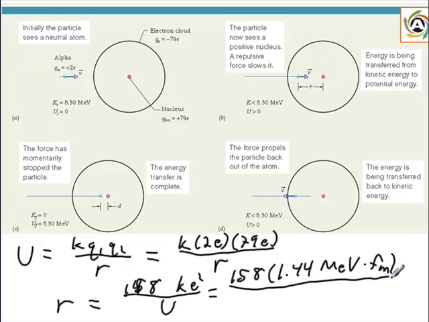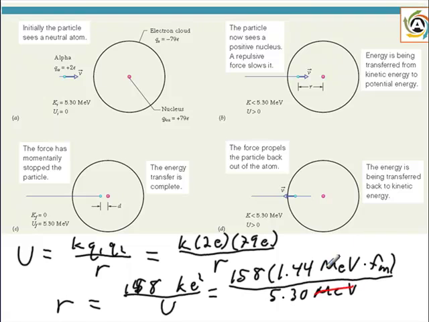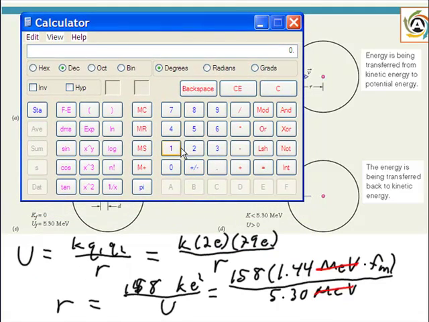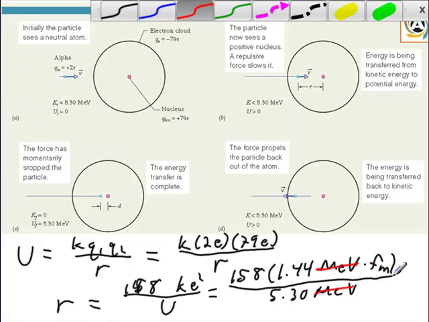I can then divide that by the energy we've got, 5.30 MeV, and you will notice the units cancel, and I'm going to get Fermis out. Bringing up a calculator, this is 158 times 1.44 divided by 5.3. So we get within a distance of 43 Fermis, or femtometers, of the center of the nucleus.